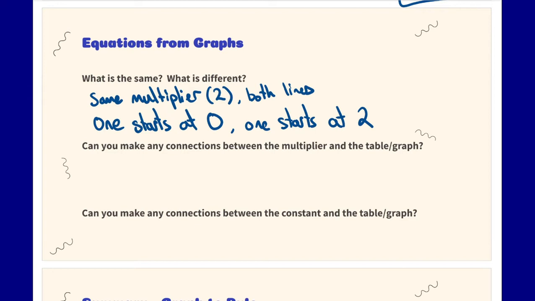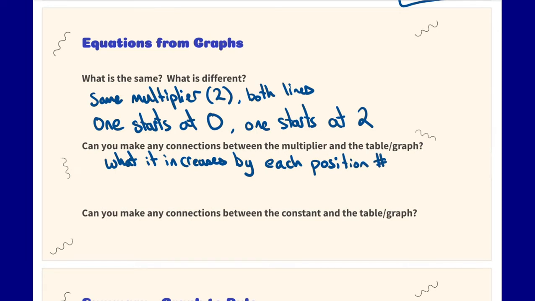Are there any connections that we can make between the multiplier and the table and graph? Well, we talked about the multiplier. It's what it increases by. Increases by each position number. And we talked about that.